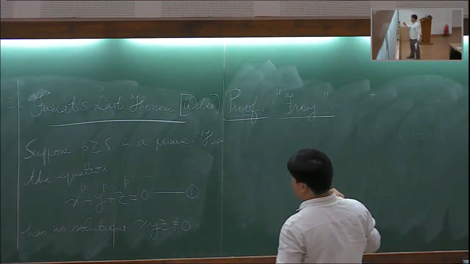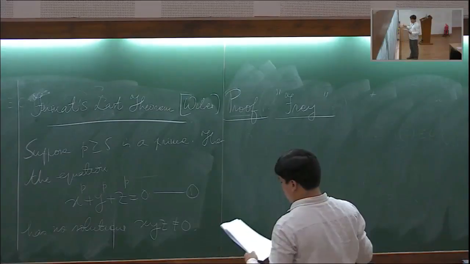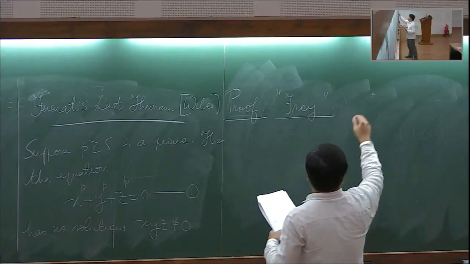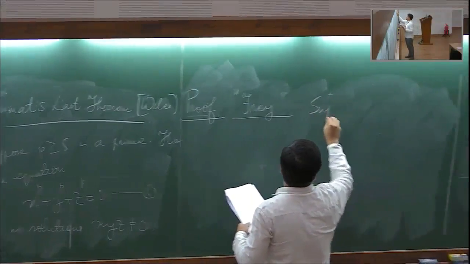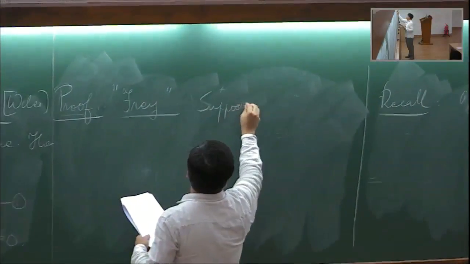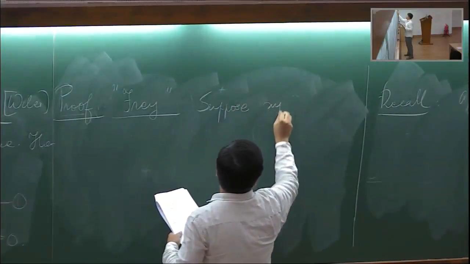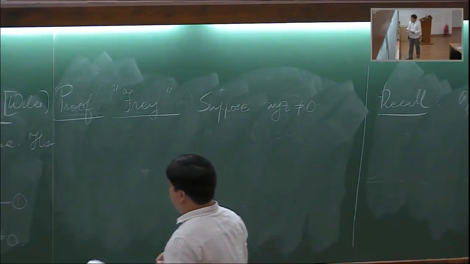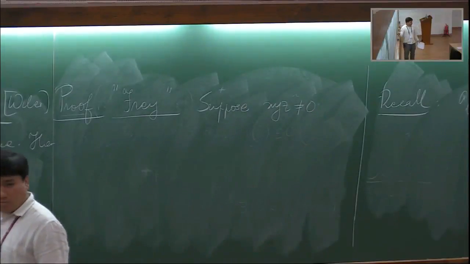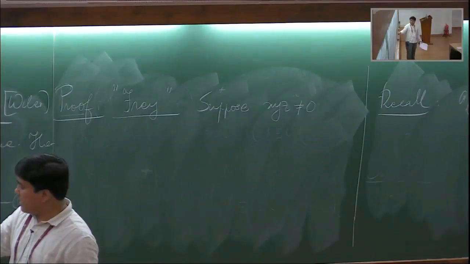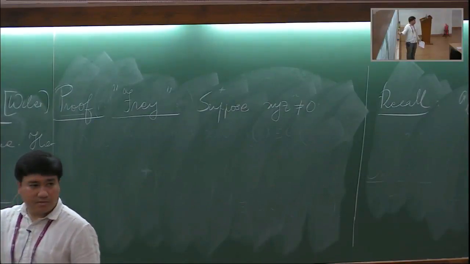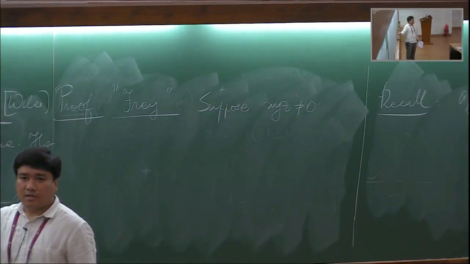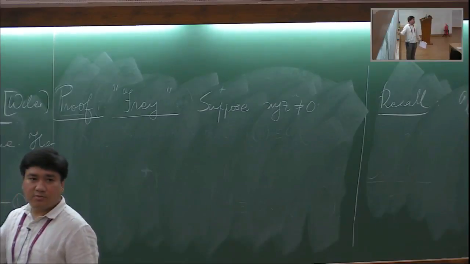So what it says is that, suppose you start by assuming that your x, y, z is not equal to 0. Very nice. Okay, then this has a solution, right? So now you can assume that you can knock off the common factors, and then you can assume that they are all pairwise coprime, right?